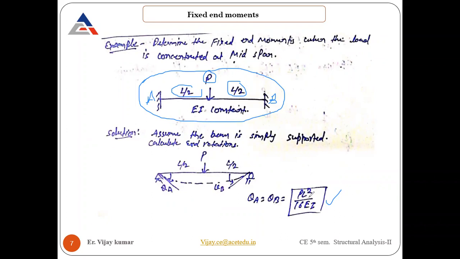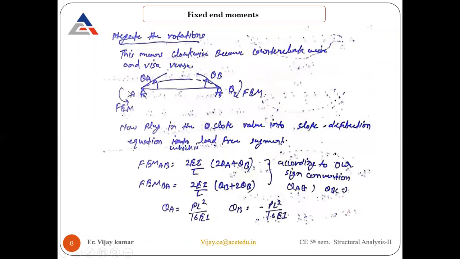So theta A and theta B will come out to be PL square by 16 EI. Their value will be the same, but one will be positive, the other negative, depending on how they are going to rotate. Clear? That's how we have to get the value of slope here. Then the second portion that we need to make from the fixed end beam, there will be two portions.